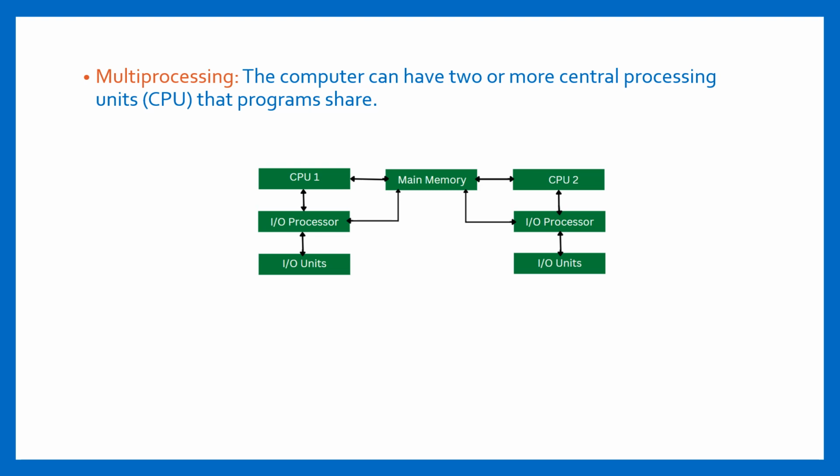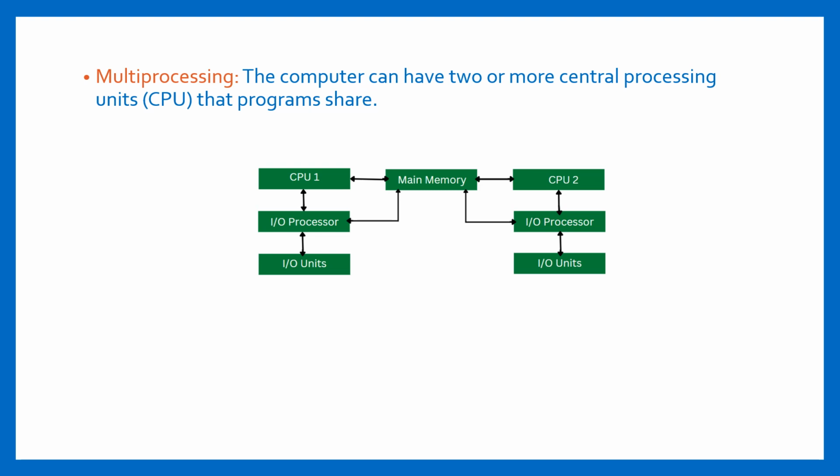And what is meant by multiprocessing? Multiprocessing means a computer itself can have two or more central processing units, and these processors can be used to perform the system operations. Then it is called multiprocessing.